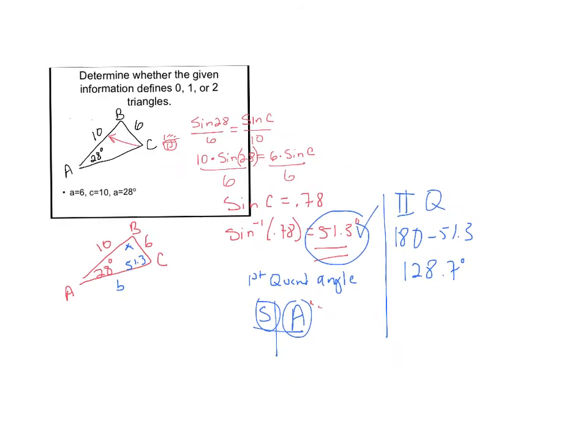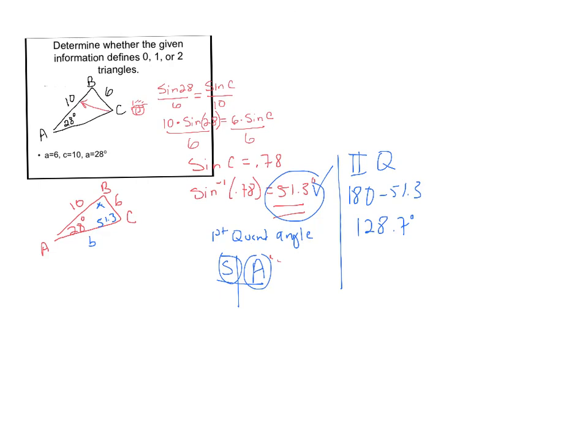So let me shrink all this down, and let's redraw our picture. And I get A, that was 28 degrees. I got 10 and 6, and now angle C could also potentially be 128.7.